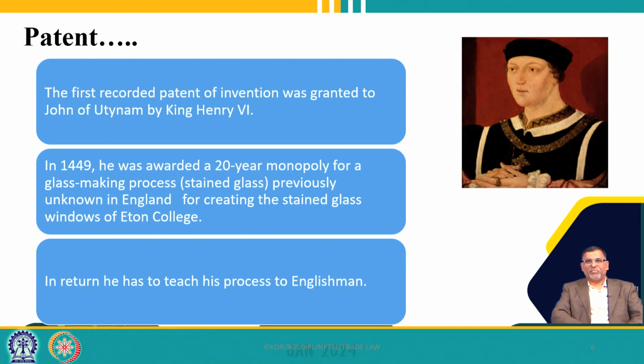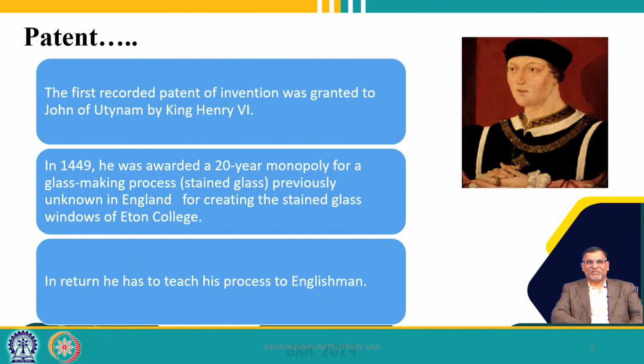The king granted a patent for 20 years. Under the present TRIPS agreement also, a 20-year term is the minimum term of protection provided. So, in 1449 a 20-year monopoly was granted, and in the 21st century also a 20-year monopoly is granted.